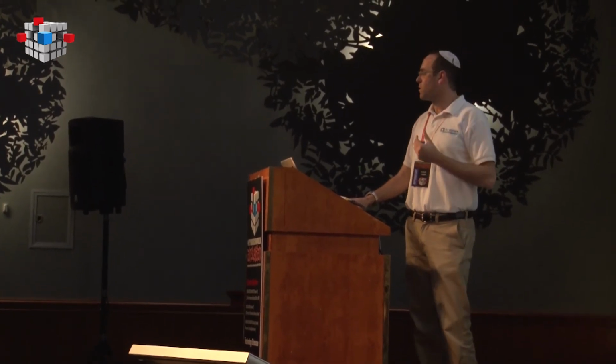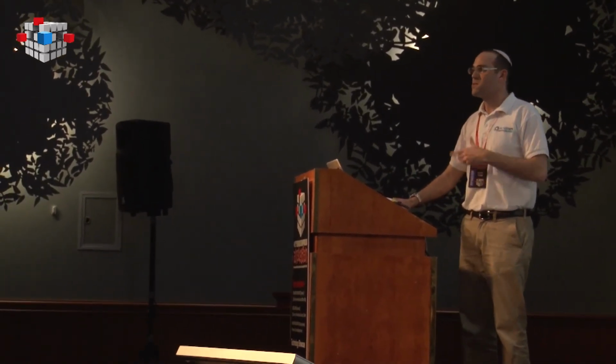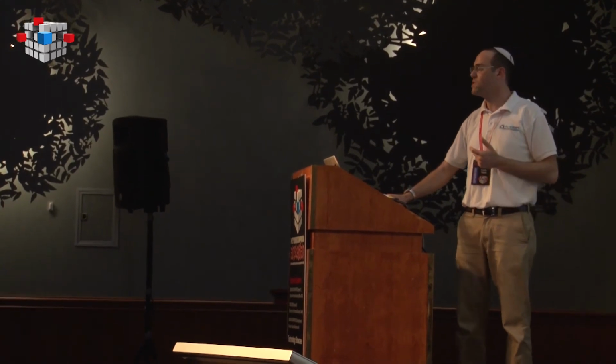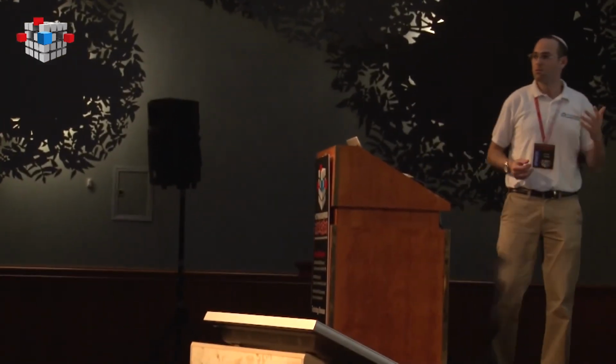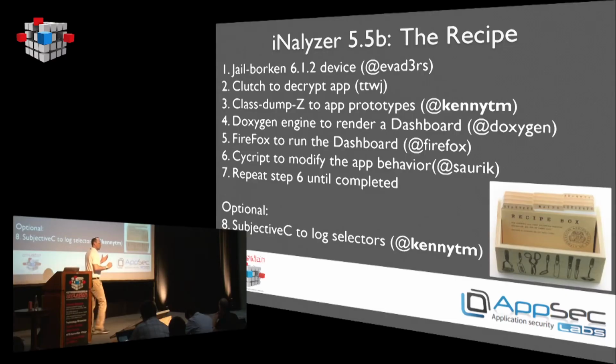So if that concept is understood, let's talk a bit about the background. What's going on inside the iNalyzer? Why is it so much easier to work with it? Well, iNalyzer is not a very big technology leap. All I did is combine together all the small Lego blocks that are responsible for this functionality.